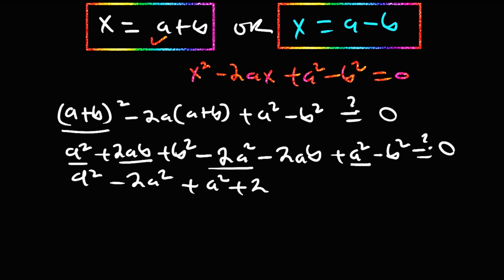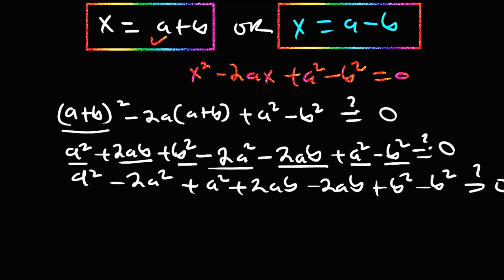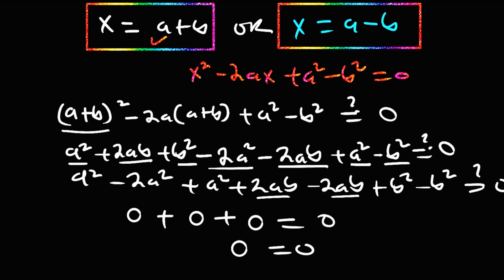Then we have 2ab, then we have another 2ab, so minus 2ab. Then we have b squared, then we have this minus b squared. So now, a squared minus 2a squared plus a squared is 0, plus 2ab minus 2ab is also 0, plus b squared minus b squared equals 0. So as you can see, both sides of this equation equal 0, so our first solution is true.